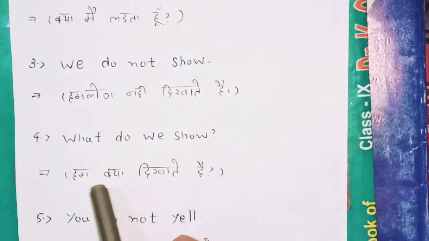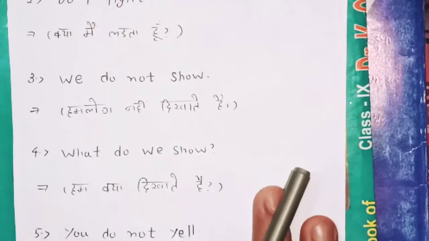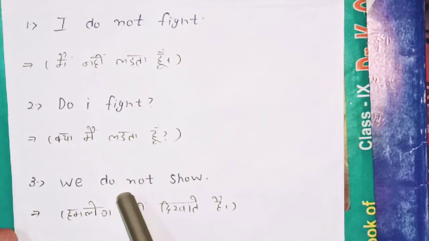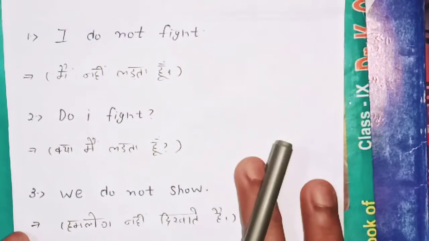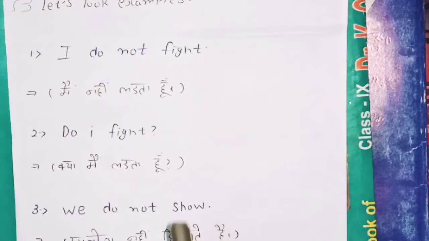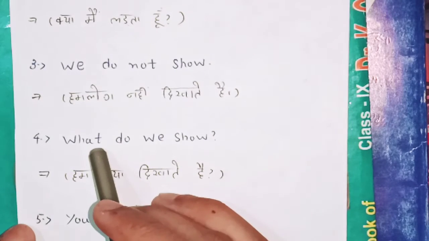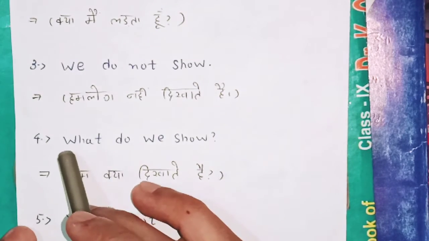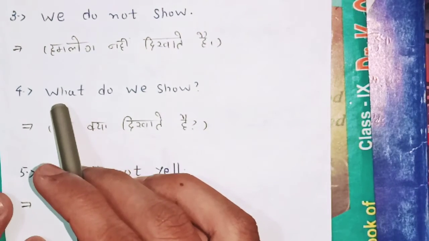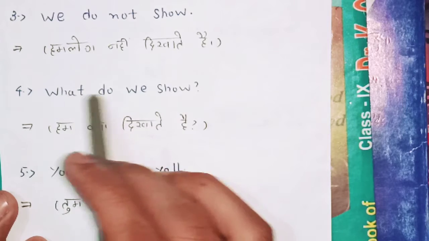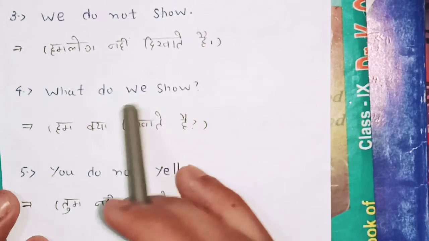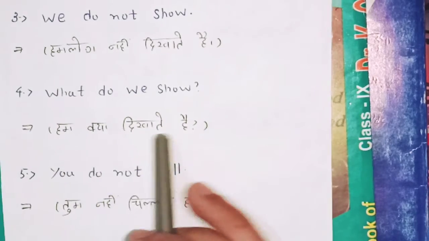We use do and does in interrogative sentences, but if we use a WH word, then the WH word is placed before do. This sentence is a WH question, so what do we show means हम क्या दिखाते हैं.